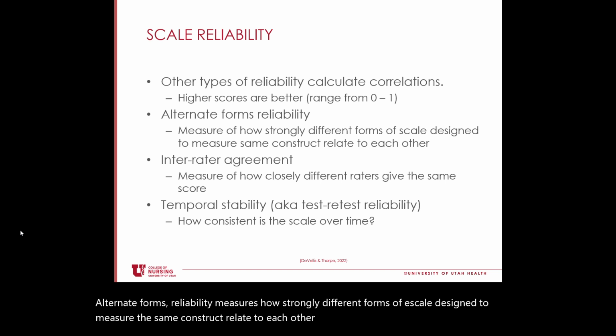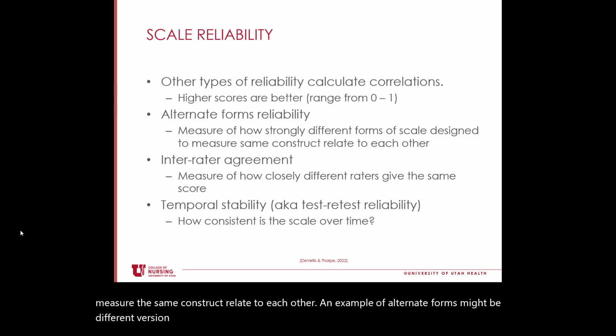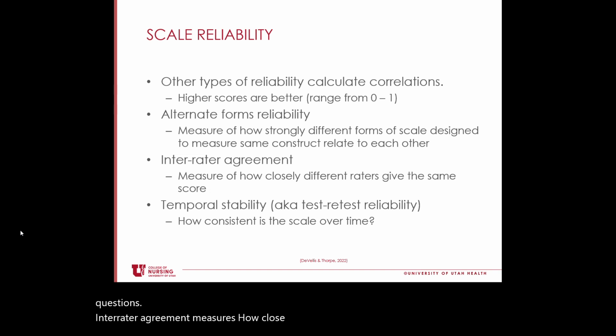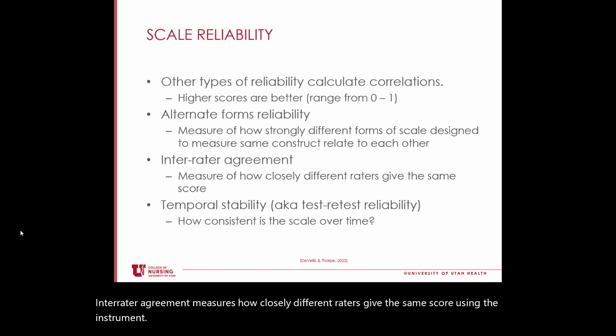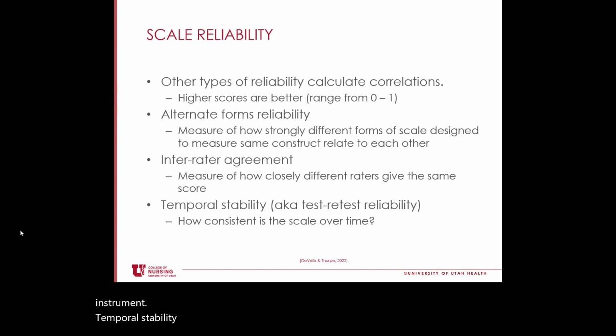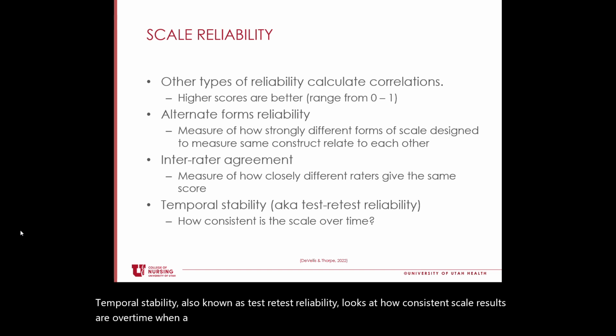An example of alternate forms might be different versions of a math test, testing the same type of concepts but using different actual questions. Inter-rater agreement measures how closely different raters give the same score using the instrument. Temporal stability, also known as test-retest reliability, looks at how consistent scale results are over time when a scale is used repeatedly.